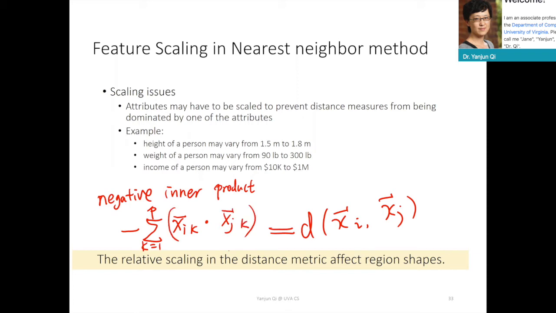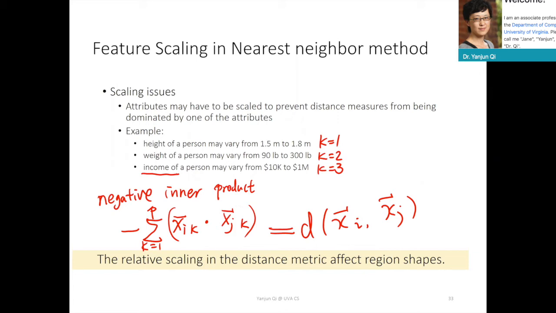Let's say your height is 1.5, 1.8 meters, and that's one feature. So this is feature k=1, this is feature k=2, and this is feature k=3. If I do this operation with an income feature as k=3, because it's a much larger number, it will dominate my inner product.